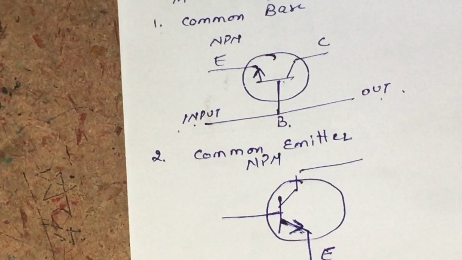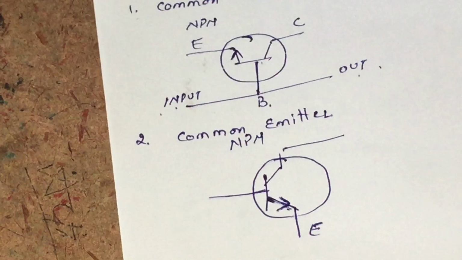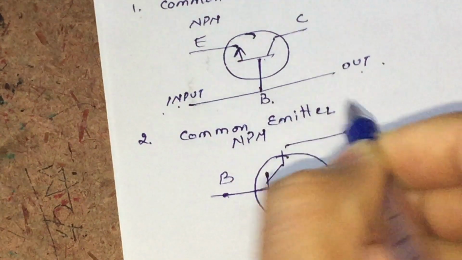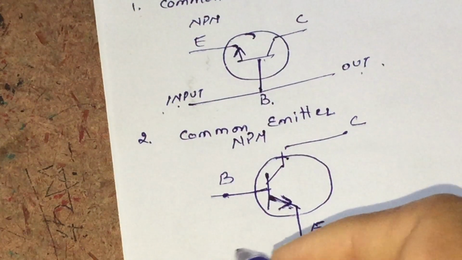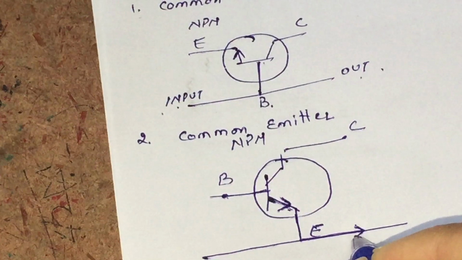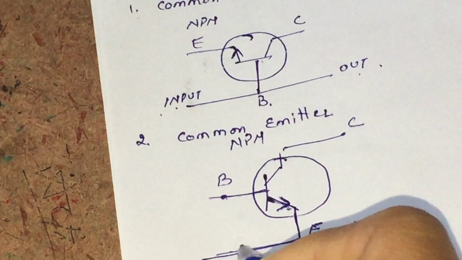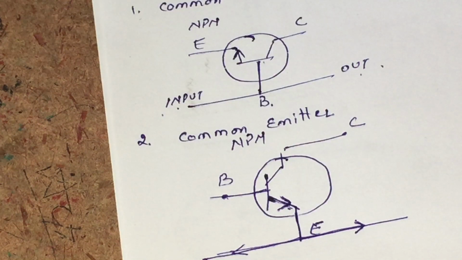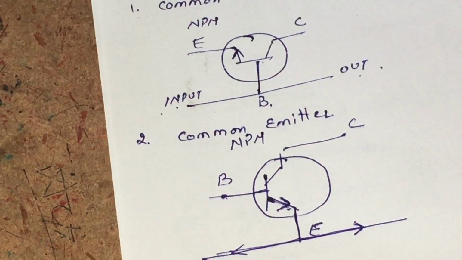This terminal is the base and this is the collector, and in this configuration we take the emitter terminal in the output side as well as in the input side. So this type of configuration is known as common emitter configuration.